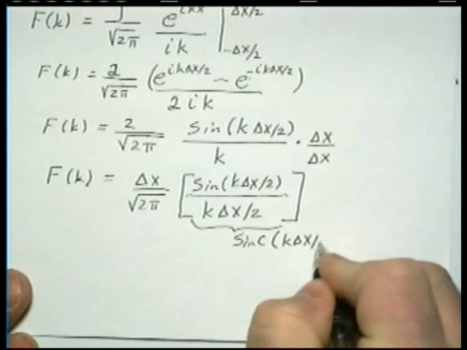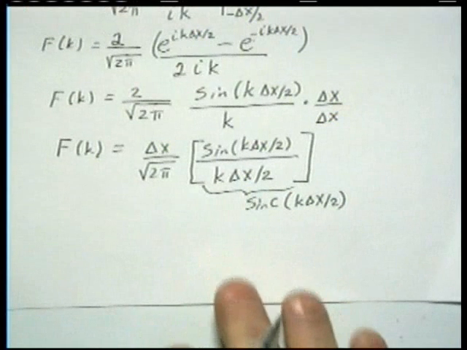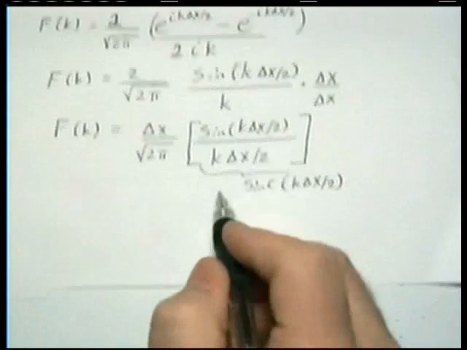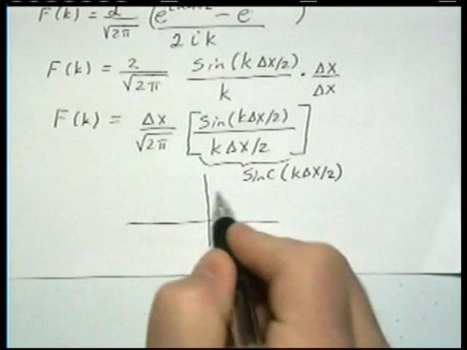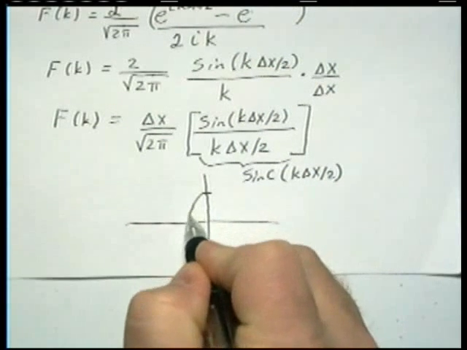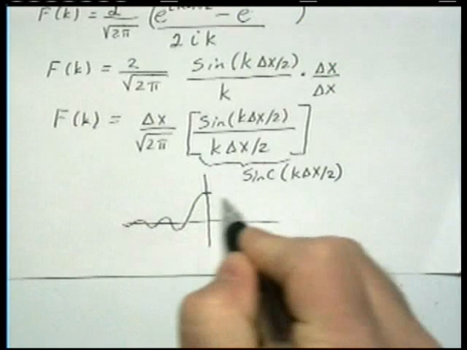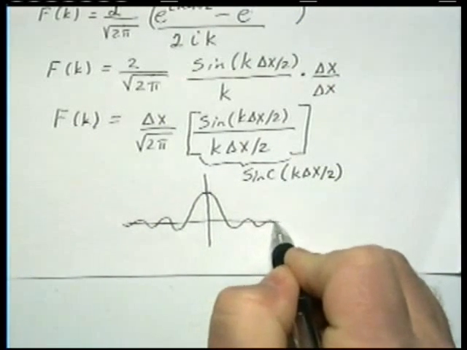And people who work a lot with Fourier transforms, such as electrical engineers and physicists, know the shape of that right off the top of their head. It looks like this. It wiggles, but it decreases in amplitude.